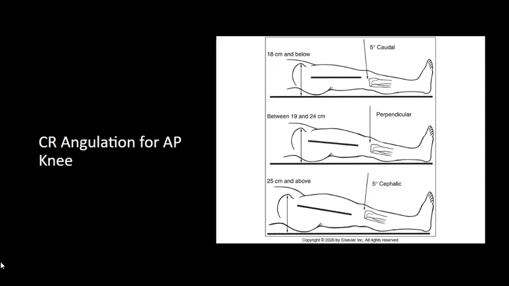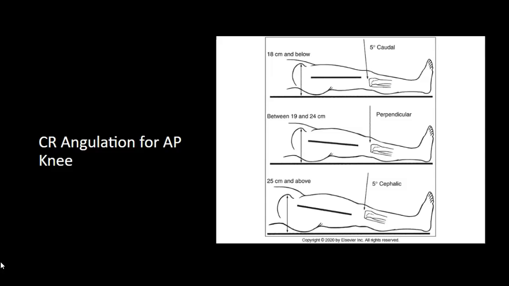In the supine position for the AP knee projection, it is the thickness of the upper thigh and buttocks that determine how the lower leg and tibial plateau will be aligned with the IR.